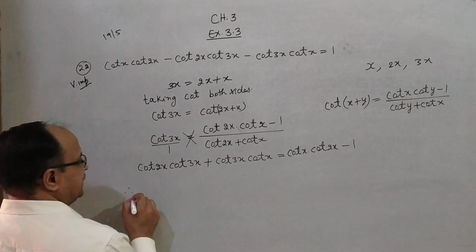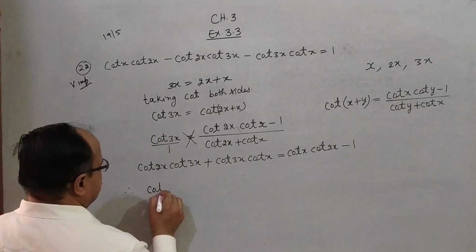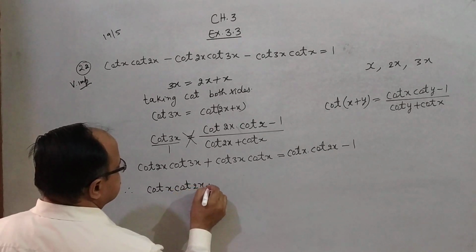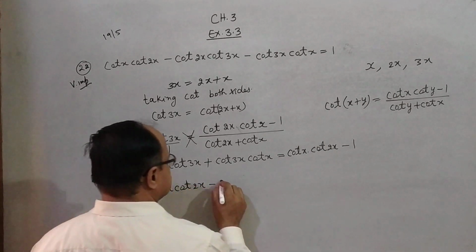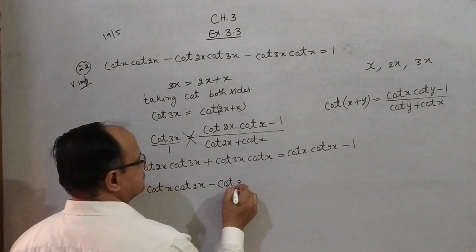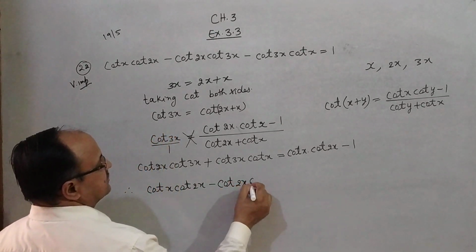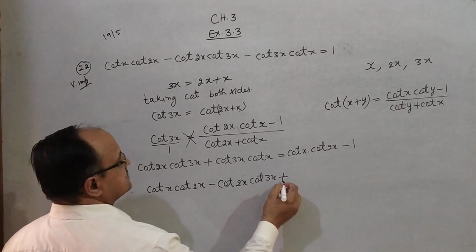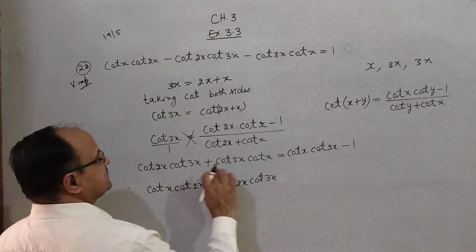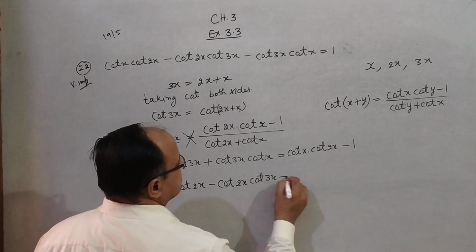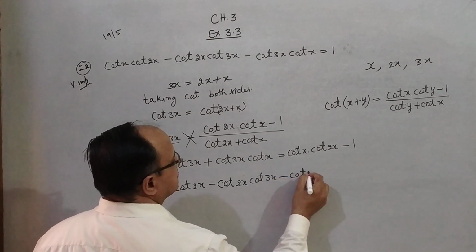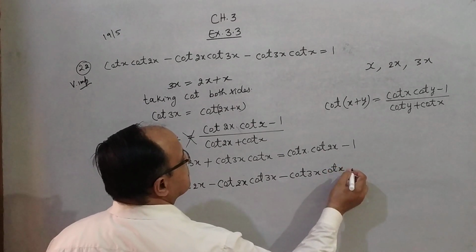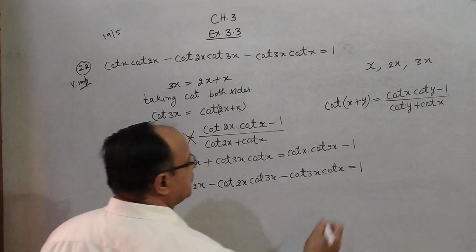So when you rearrange, that is cot x cot 2x minus cot 2x cot 3x minus cot 3x cot x is equal to 1.